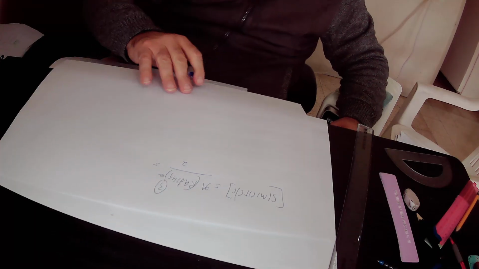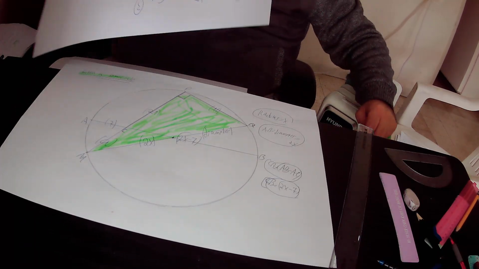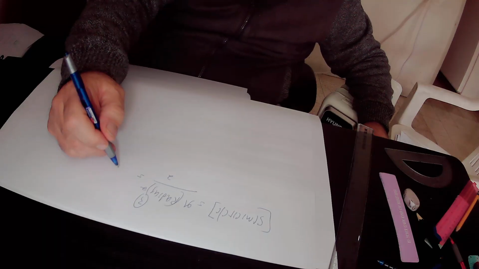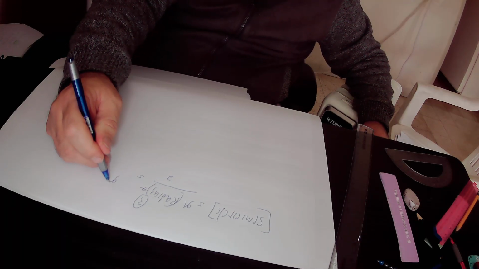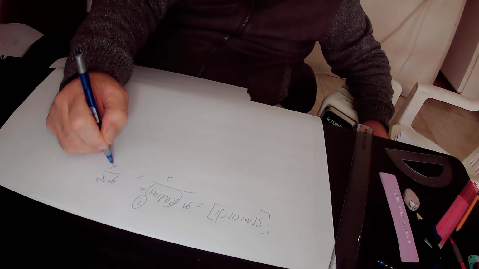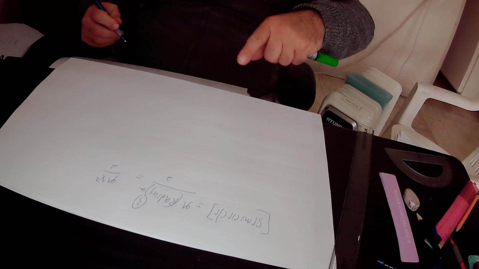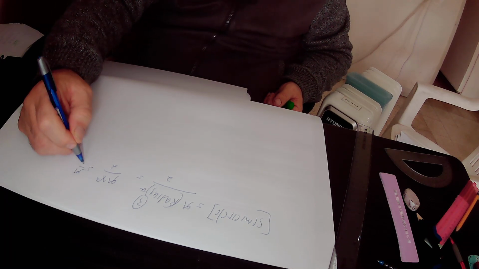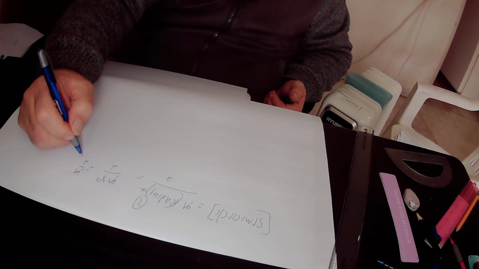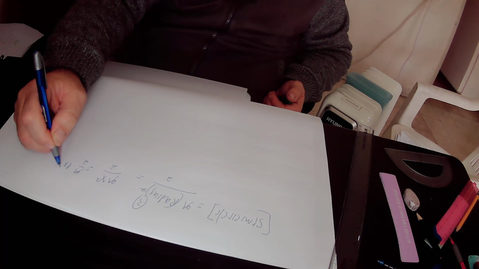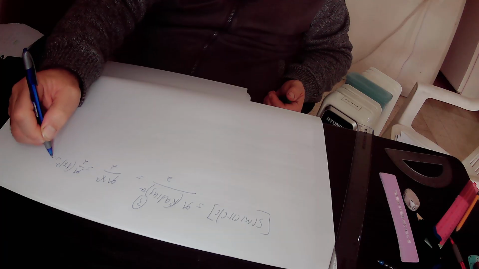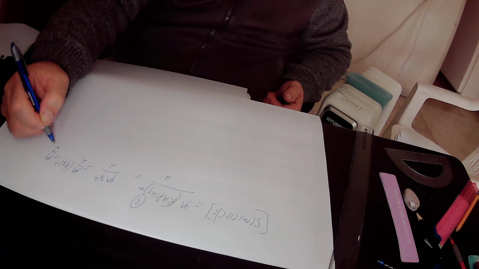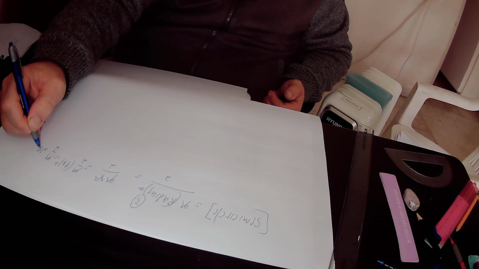And therefore, the area of our semicircle must be equal to pi times the radius squared, this is x squared, over 2. So it is pi over 2, and x is 17, therefore x squared is 17 squared.